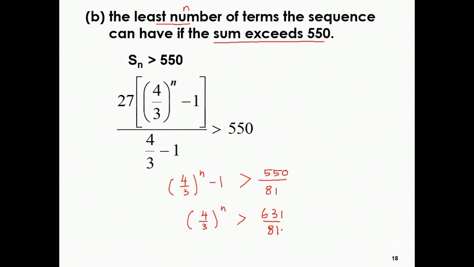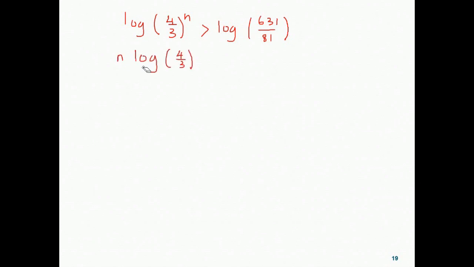Now taking log both sides. So we have log of (4/3) to the power of n is greater than log of 631 over 81. So by using the log rules, bring the n in front. We have n log 4/3 is greater than log of 631 over 81.